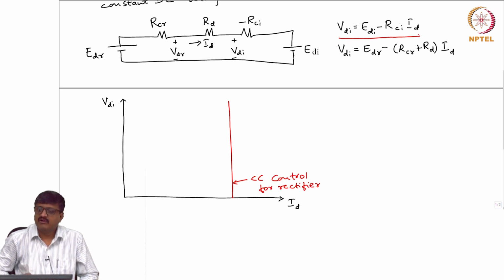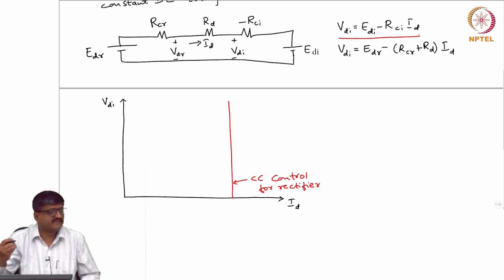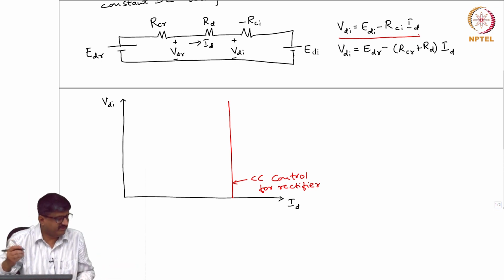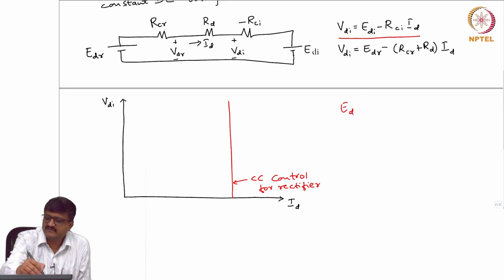Okay. Now, what about EDI? Yeah, we are fixing gamma. It depends on gamma. If all other things are constant, look at the expression for EDI. I presume you all have the expression.